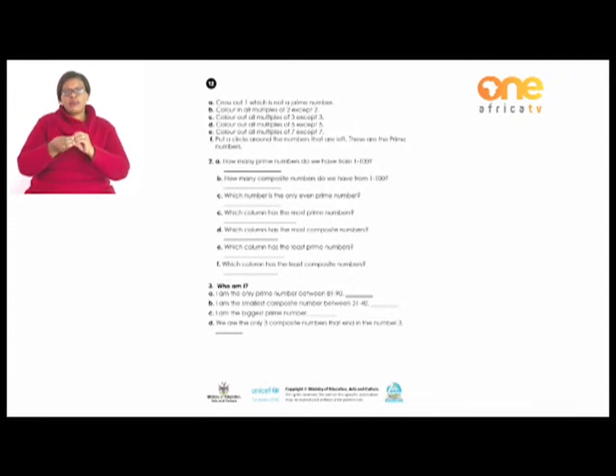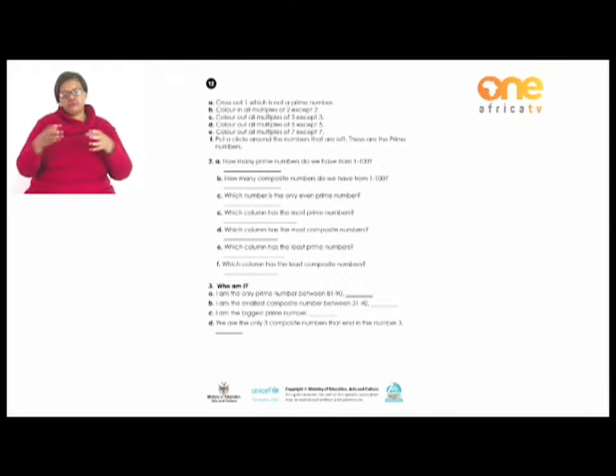In other words, those numbers that are not colored, put a circle around them. In other words, encircle them, because they will be your prime numbers. Now, if those numbers that you are encircling are your prime numbers, then obviously the rest of the numbers will be composite numbers.